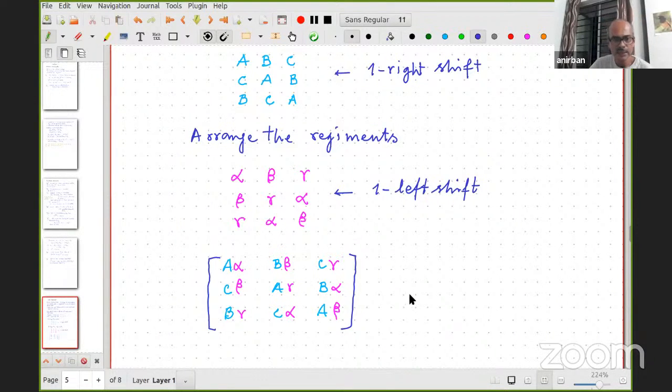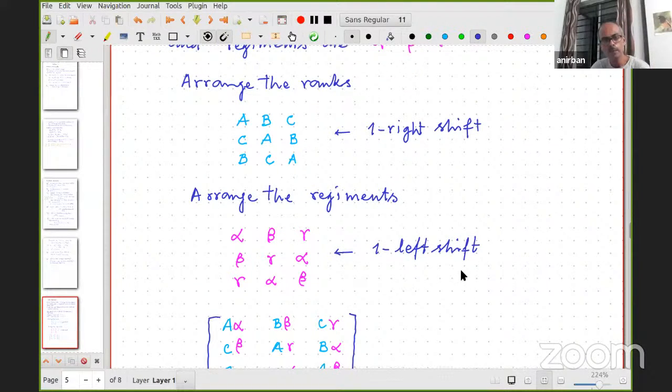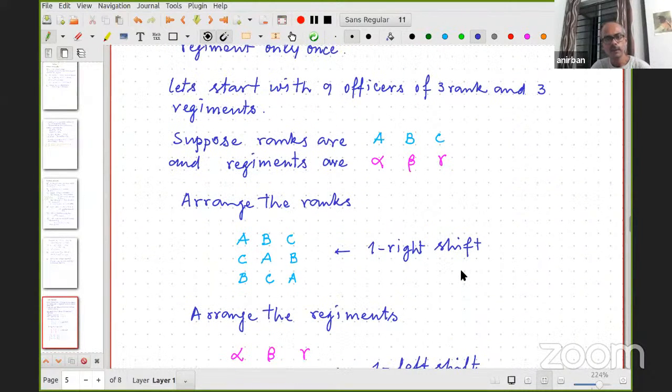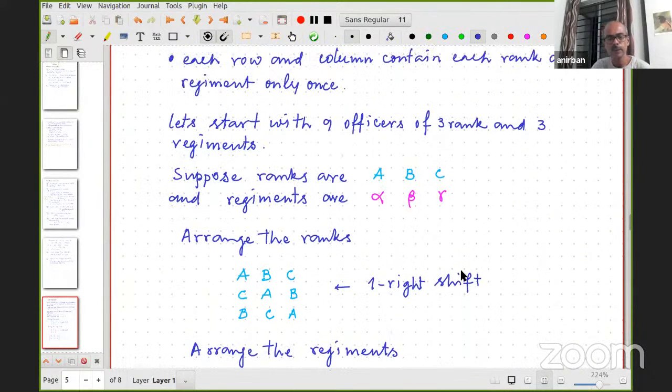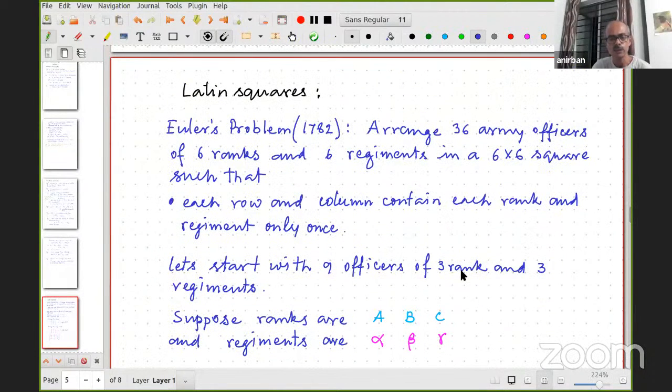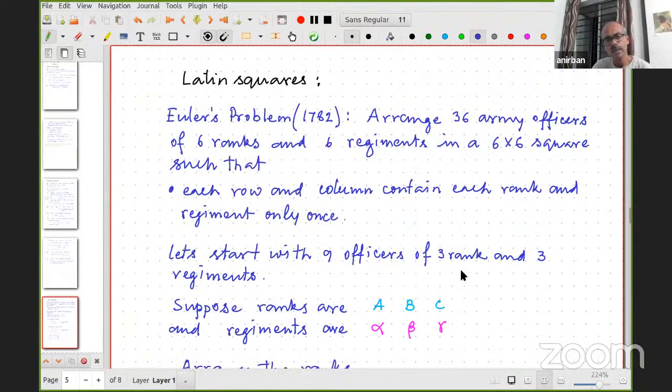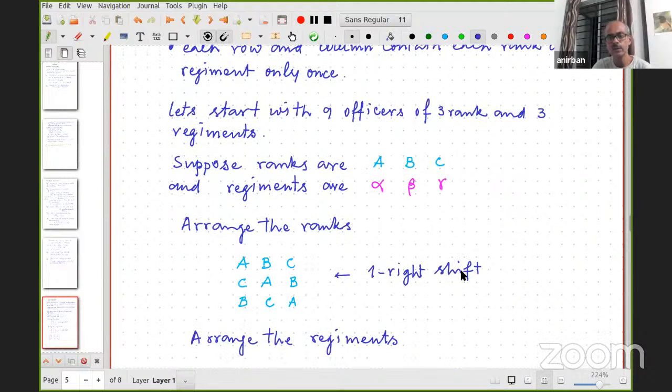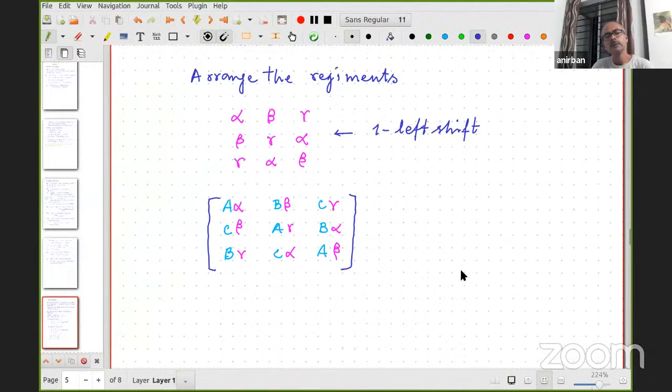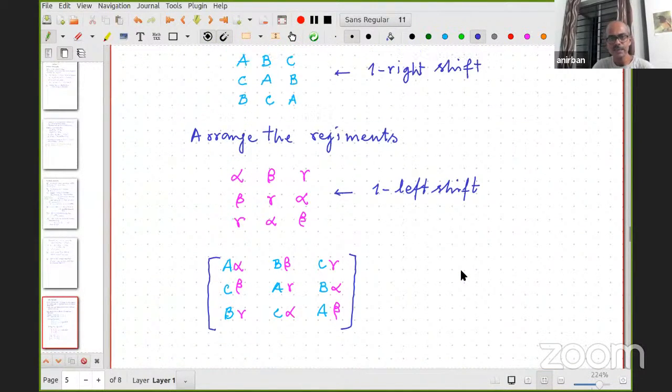So that solves Euler's problem for 9 officers. But Euler asked for 36, so that is 6 cross 6. We have just solved the problem for 3 cross 3. So that's nice.